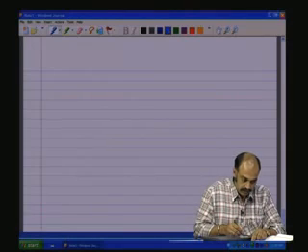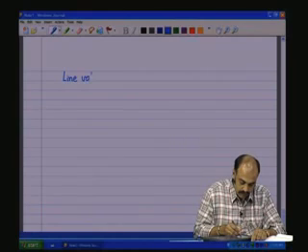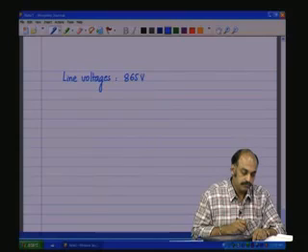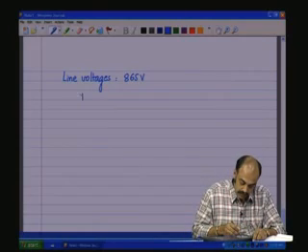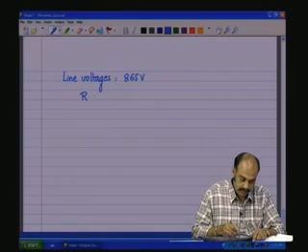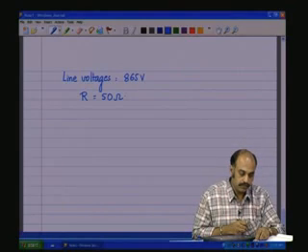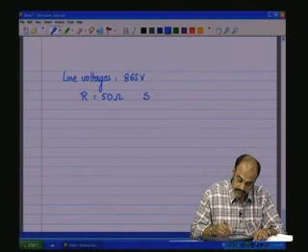Let me consider line voltages of 865 volts effective value, and the load resistance R is 50 ohms. Now, the load is connected in star circuit.